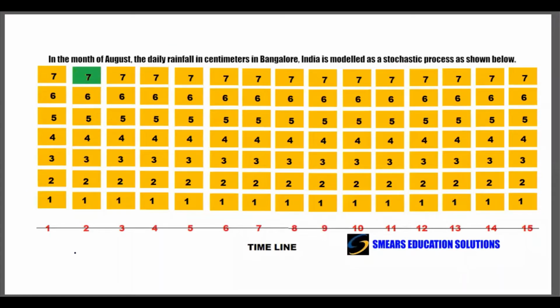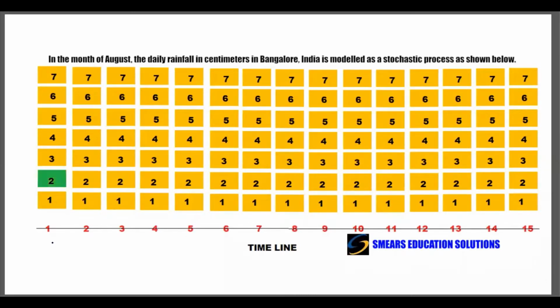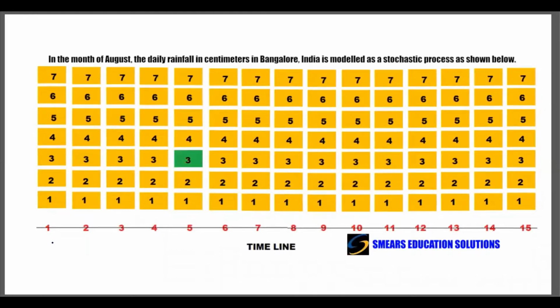Now let's go here. This is a GIF. You can see how the process moves from time 1 to time 15. And here, this is a stochastic model. You see the rain and temperature in the month of August.